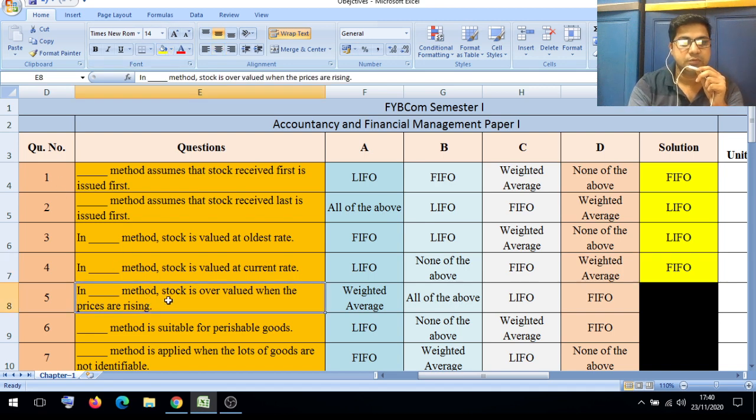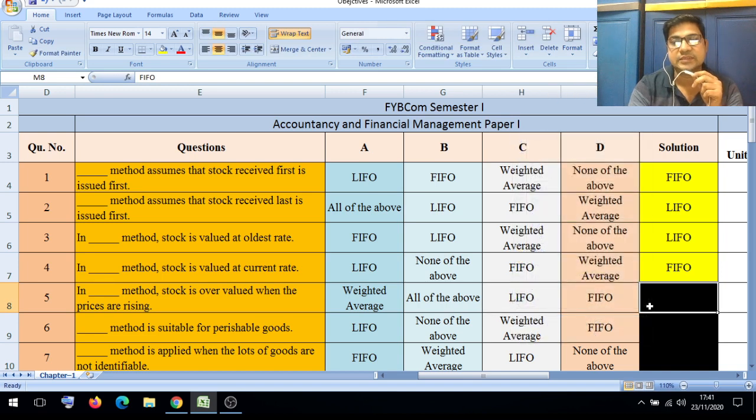Dash method, stock is overvalued when the prices are rising. Weighted average, all of the above, FIFO method, LIFO method. The answer is the FIFO method. Whenever the stock is overvalued when the prices are rising, it is under the FIFO method. Dash method is suitable for perishable goods.